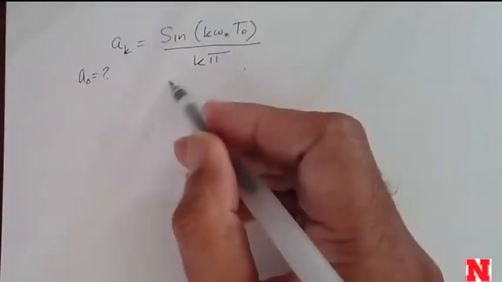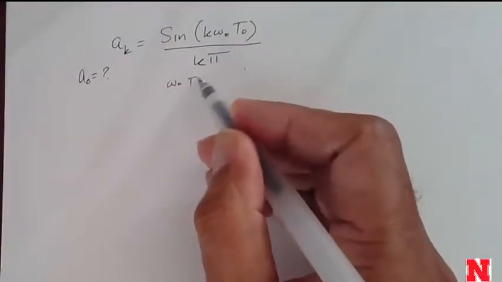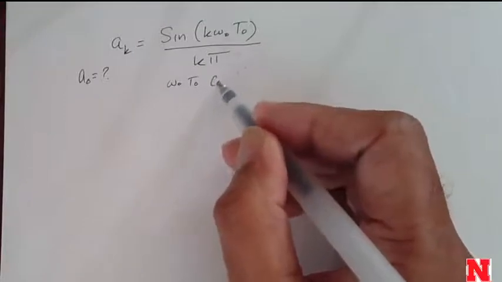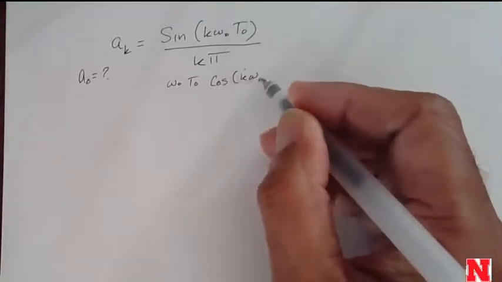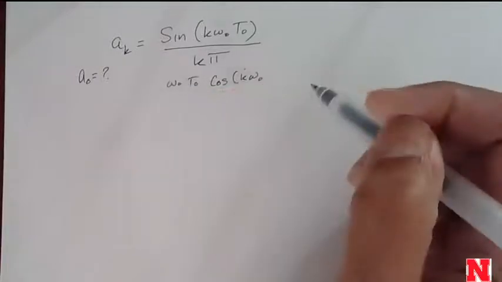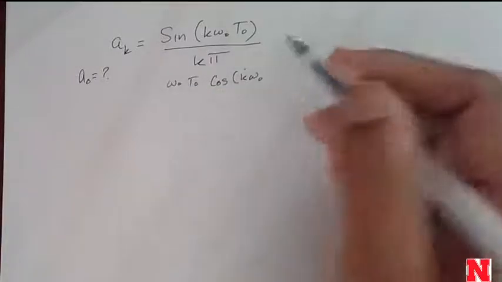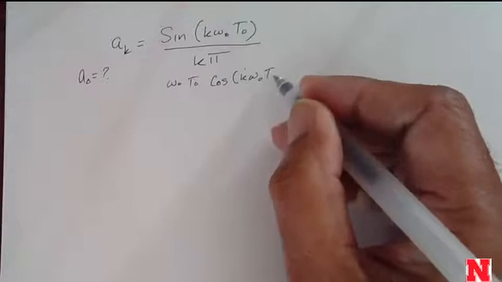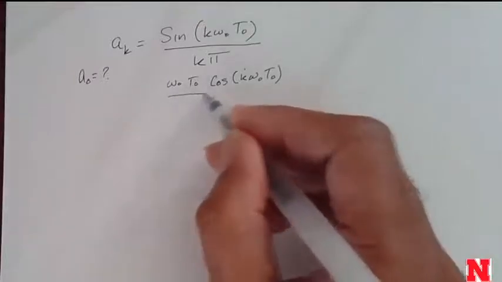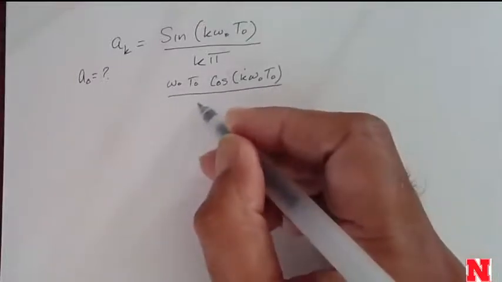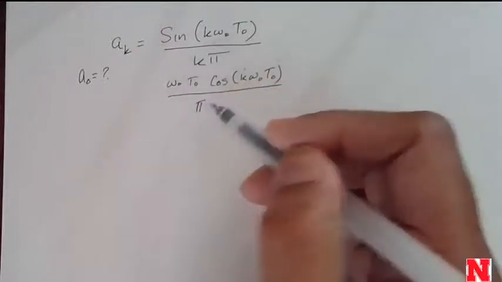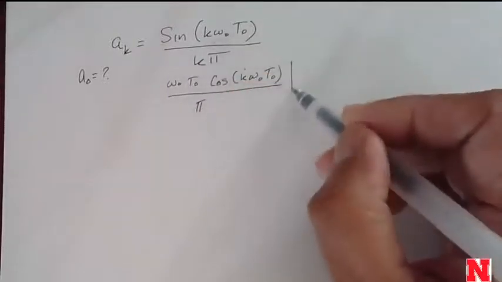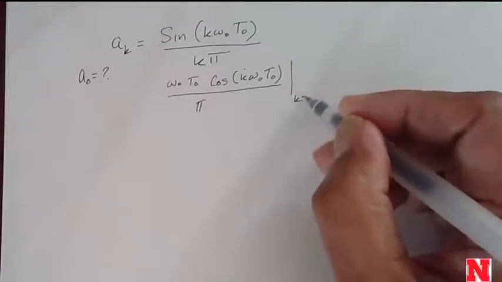So this will be omega naught t naught cosine of k omega naught t naught. And the denominator is just pi, right? The derivative of k pi is just pi. And then evaluate this at k equals 0.